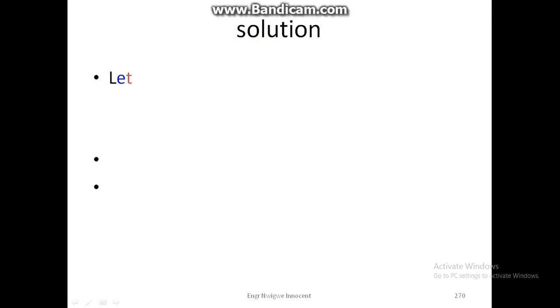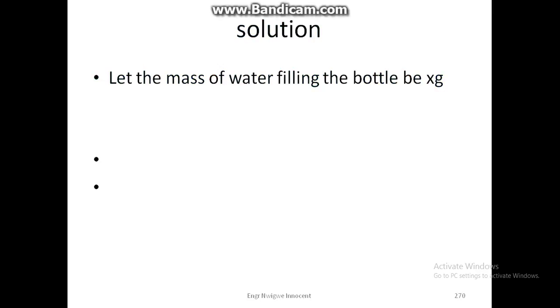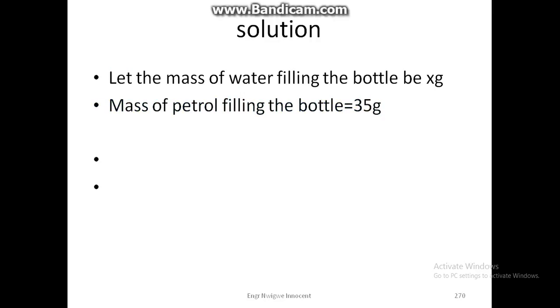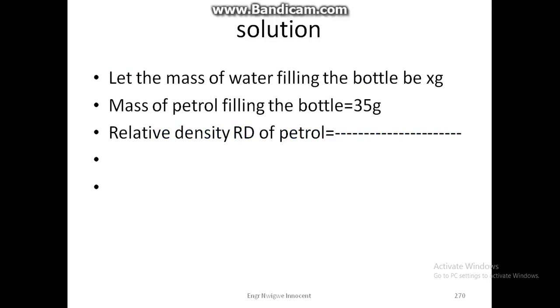Solution. Let the mass of water filling the bottle be x gram. Mass of petrol filling the bottle is equal to 35 gram. Relative density of petrol equals mass of petrol over mass of equal volume of water.